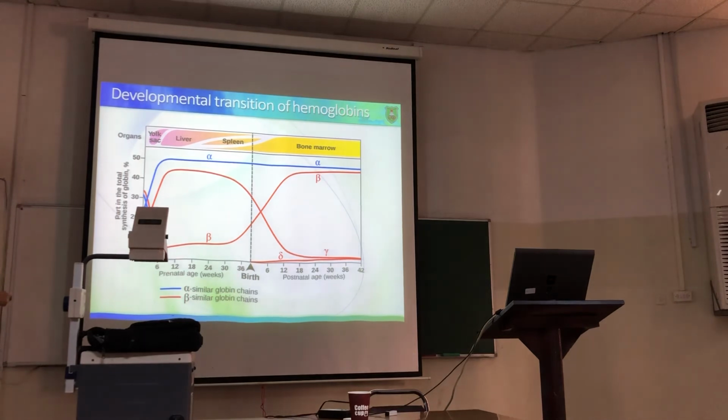Now, in the fetal stage, you also have expression of the beta globin gene. So you have beta chain starting to appear in the fetal stage, but then at birth, what you have is mainly expression of alpha and gamma, and you do have expression of considerable amount of beta as well. So you have alpha and beta.